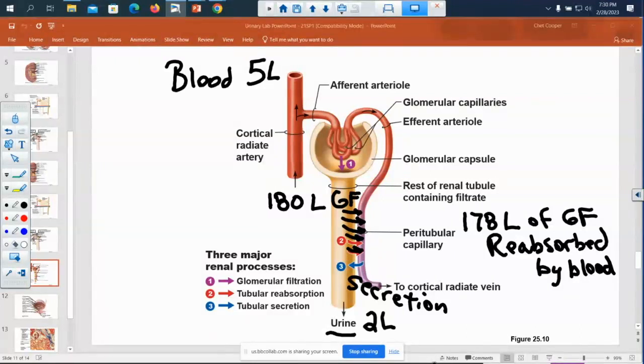So imagine this. Oh, what process happens here? Filtration, and look, this is crazy. It's only one way. Those are some of the only capillaries in the body that aren't both ways. They just let stuff out. There's a serious problem if stuff starts going back in. It's not going to happen. Okay? It goes out.